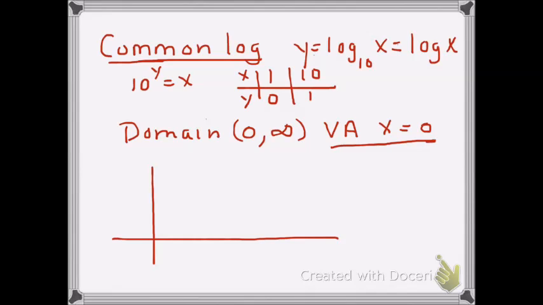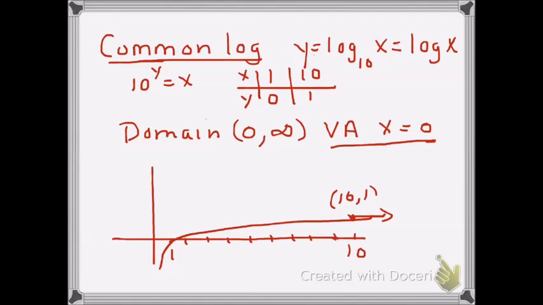We can go over to 1 and 0, and then over to 10 and 1, 2, 3, 4, 5, 6, 7, 8, 9, 10, up to 1, and so we have a graph increasing very gradually, going through the point 10 and 1, and of course 1 and 0.